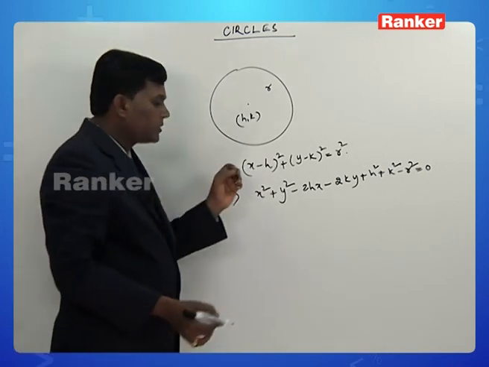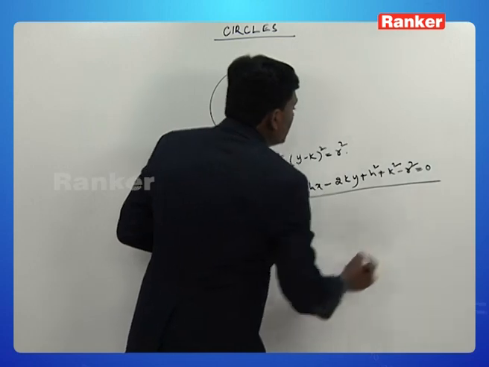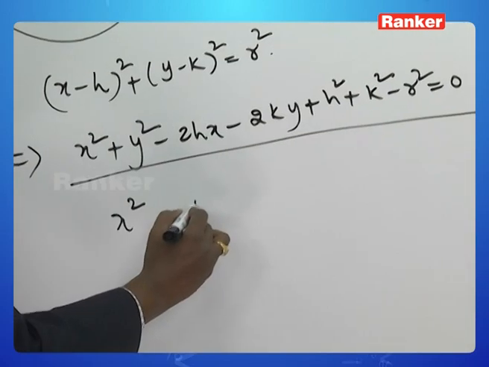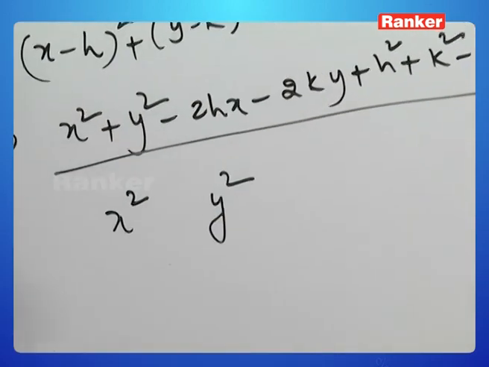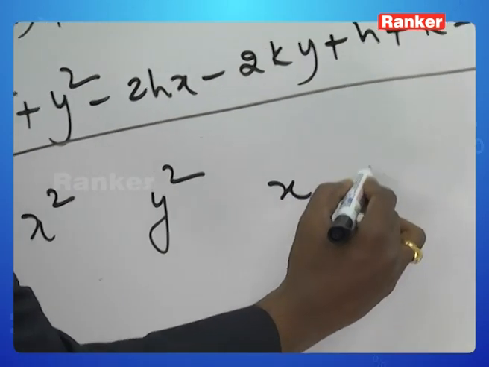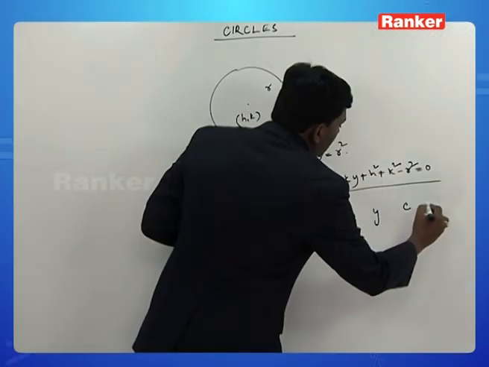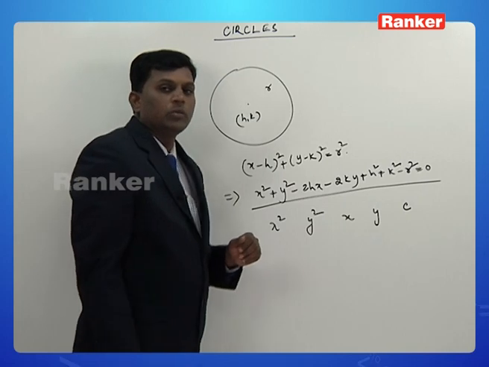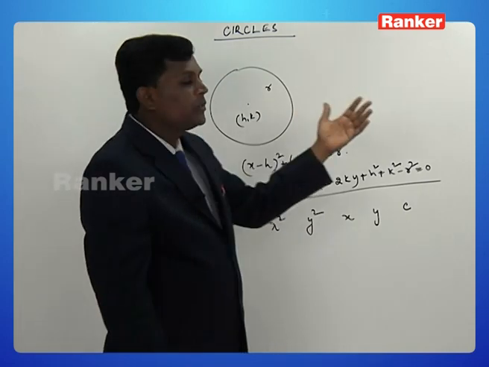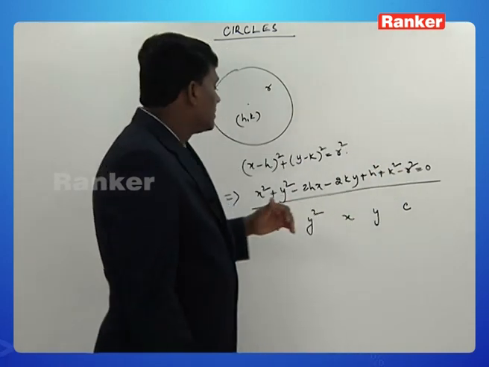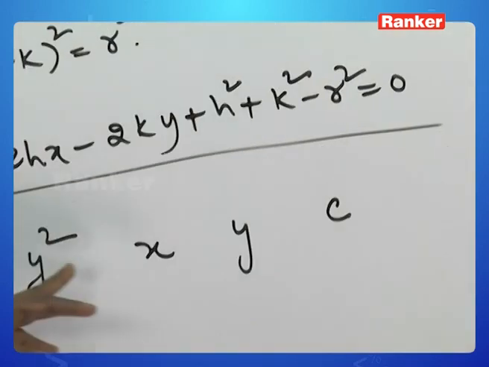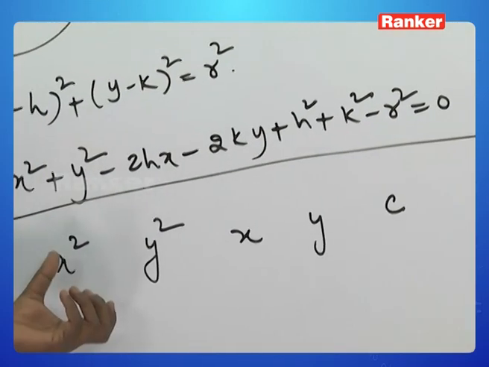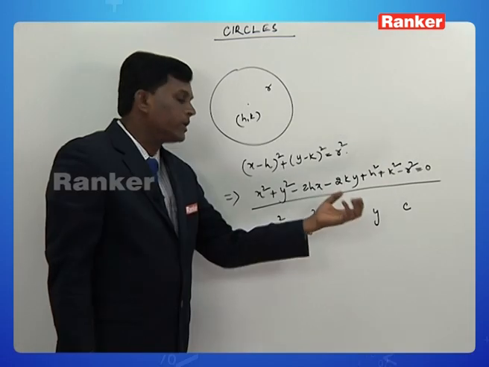If you observe this equation closely, it contains an x square term, y square term, some x term, y term and a constant term. Whatever other form you take, finally a circle will in general contain these terms: x square, y square, x term, y term, constant.